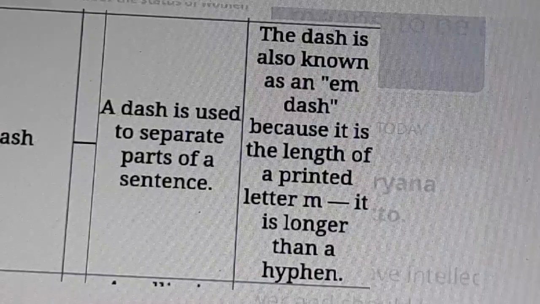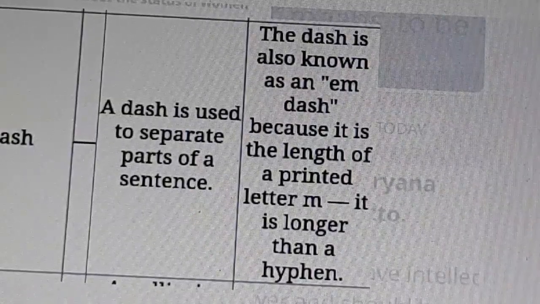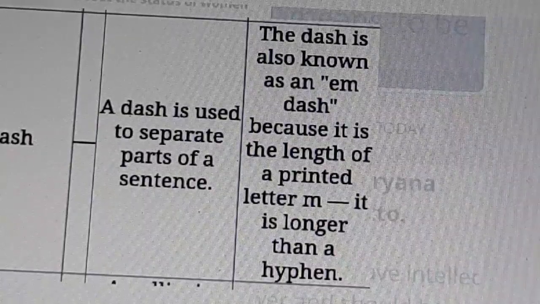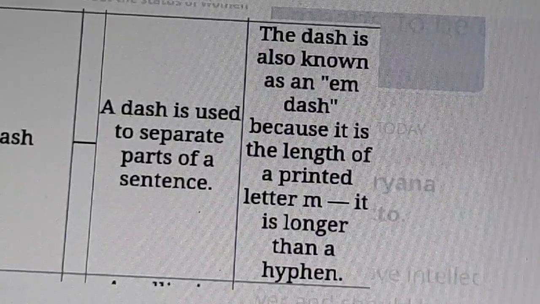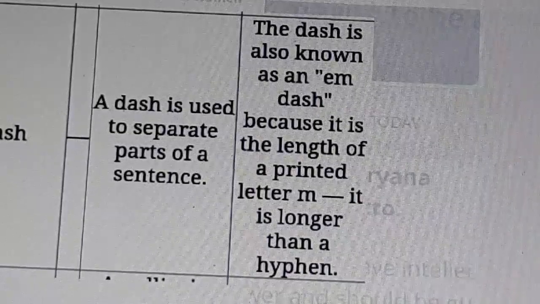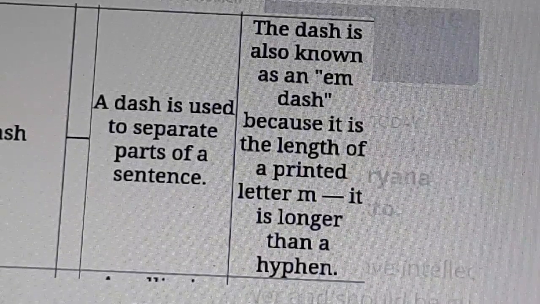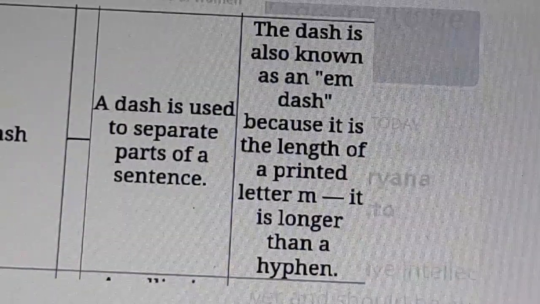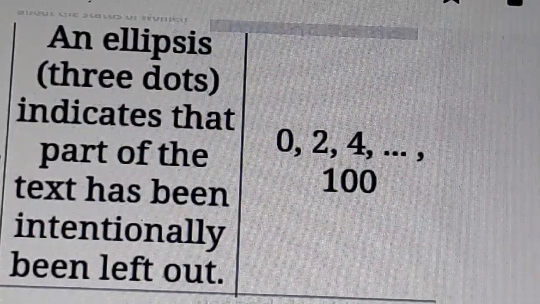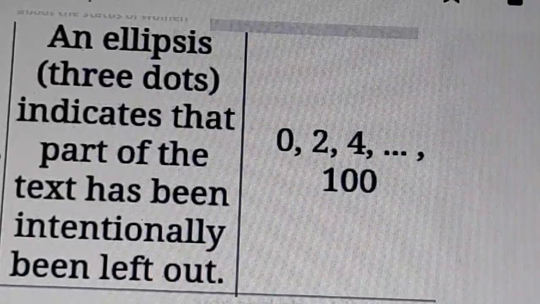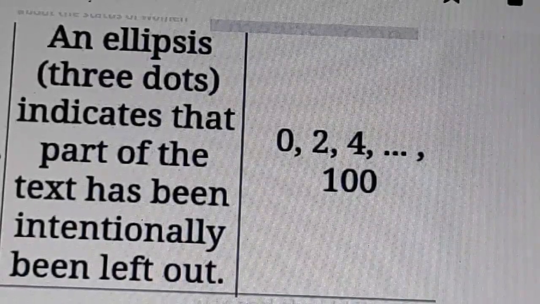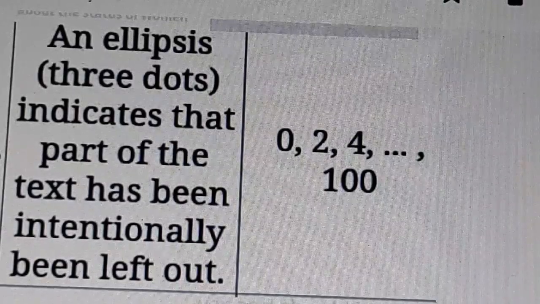Once again I tell you, a dash is used to separate parts of a sentence. The dash is also known as an M dash because it is the length of a printed letter M. It is longer than a hyphen. Ellipsis. An ellipsis, 3 dots, indicates that part of the text has been intentionally left out.